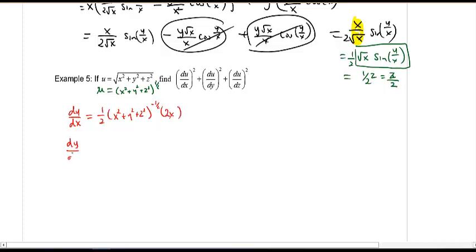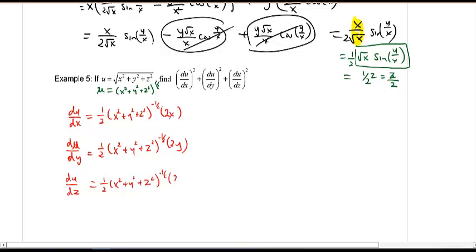You'll see there's some nice symmetry in this question. du/dy, 2y. And du/dz, 2z, and the 2's cancel the 1/2.